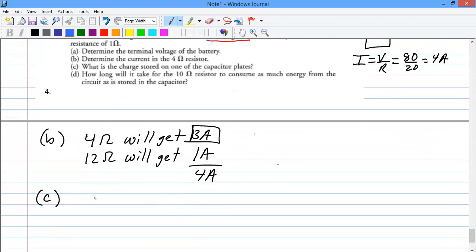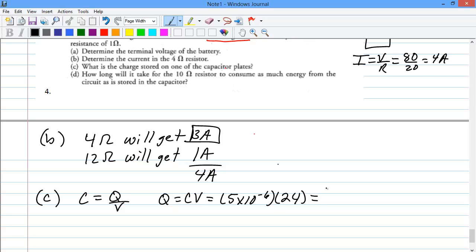So it's asking me for the charge. Well, I know that C equals Q over V, and that means that Q is equal to CV, which is just 5 times 10 to the negative 6 for the microfarads times the 24 volts. When I do that, I get 120 microcoulombs.